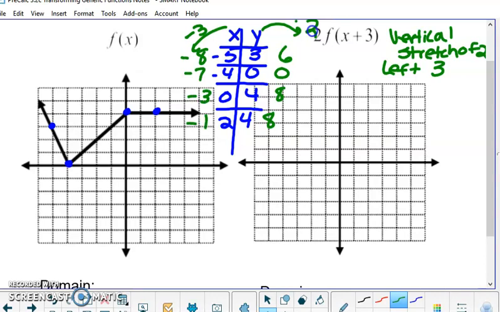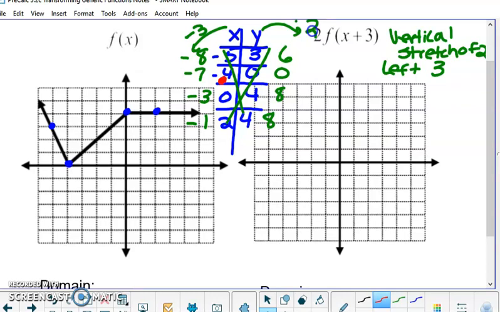Okay? And I'm going to plot those points. So it looks like this is going to come off the graph a little bit. 1, 2, 3, 4, 5, 6, 7, 8. And if I go up 6, 1, 2, 3, 4, 5, 6, something around here.